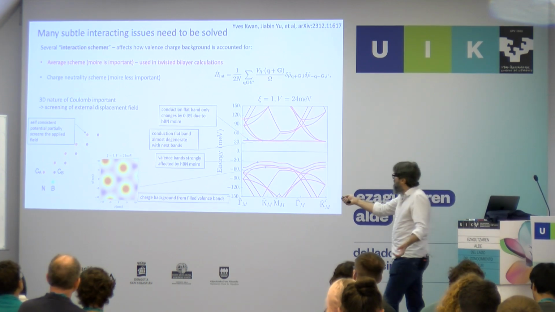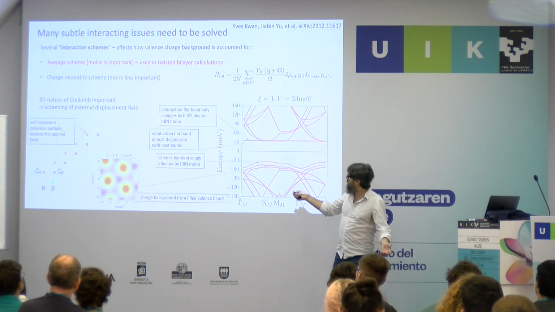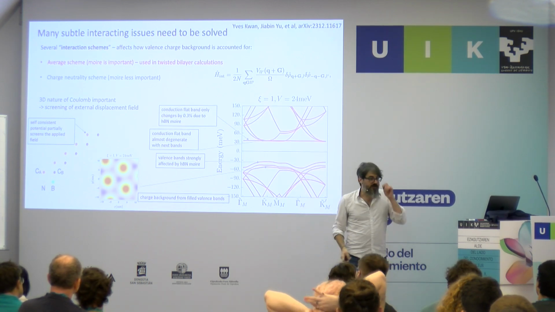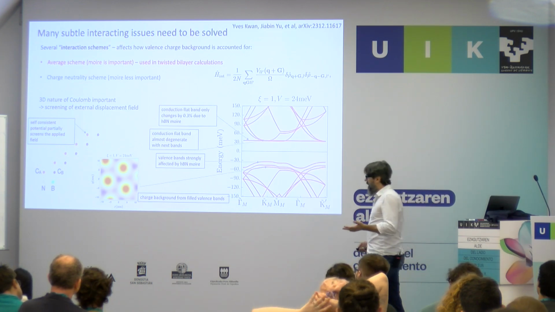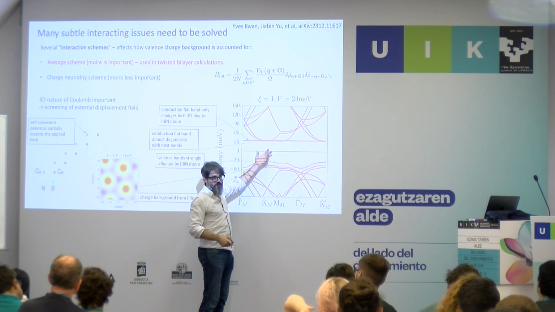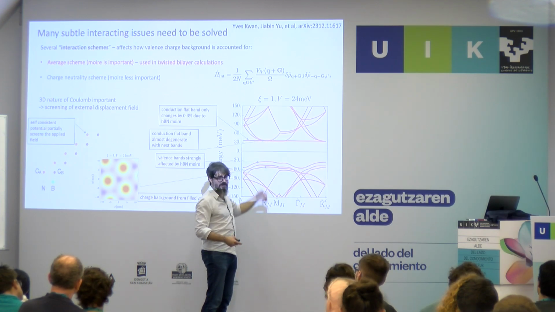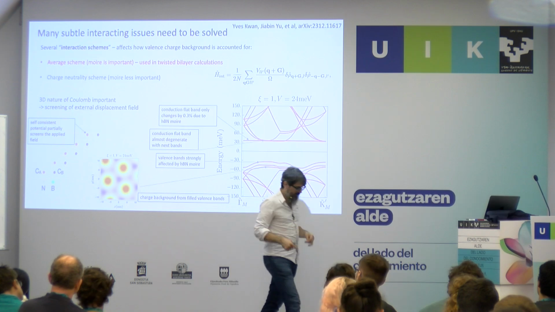So you take bands within plus minus 30 here. There's nothing within plus minus 30. You have to go to 60, and you just project into these bands. Now what you can clearly see is that if this gap were small, that would be the wrong thing to do, because you couldn't just project into the conduction bands, like in graphene, if the gap were small.